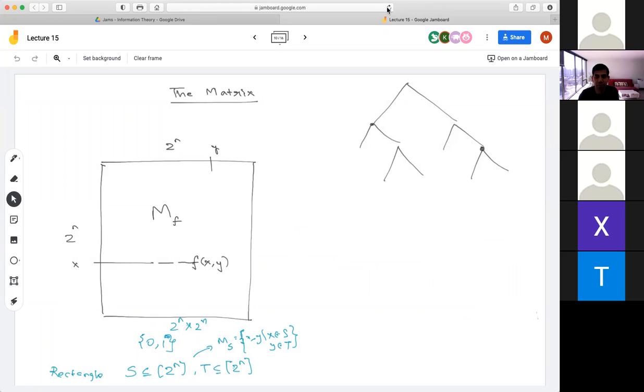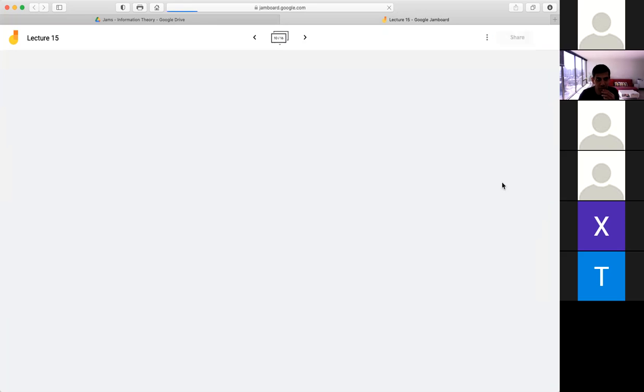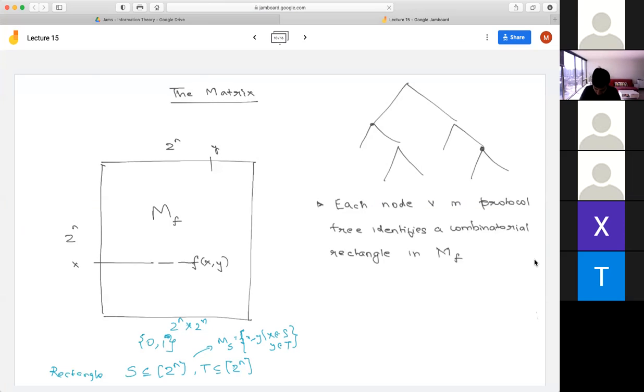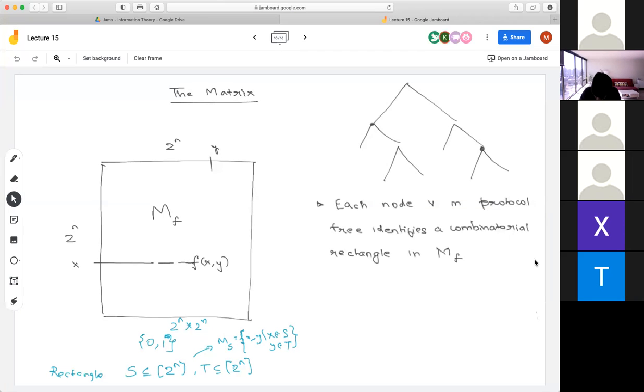The claim is trivially true at the root, because there we are talking of the entire matrix, or let's say we just declare that we are talking of the entire matrix.